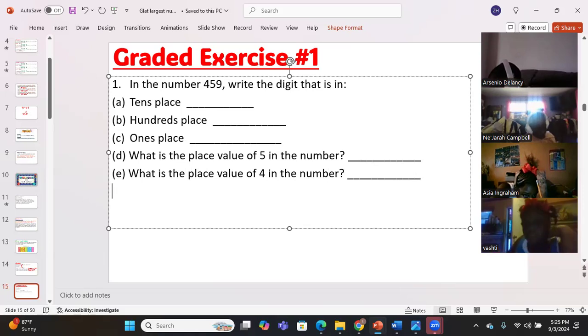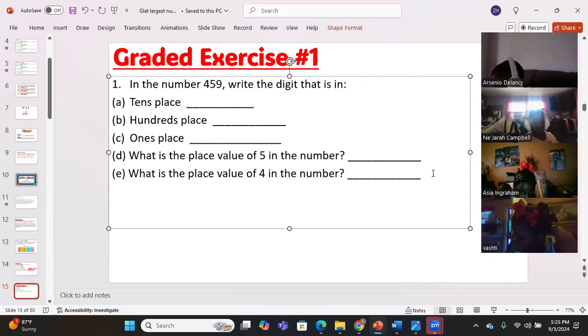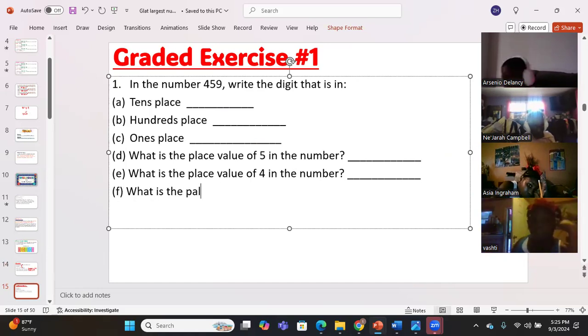Did we go to F? Yeah, we had F. And finally, F: what is the place value of 9 in the number?